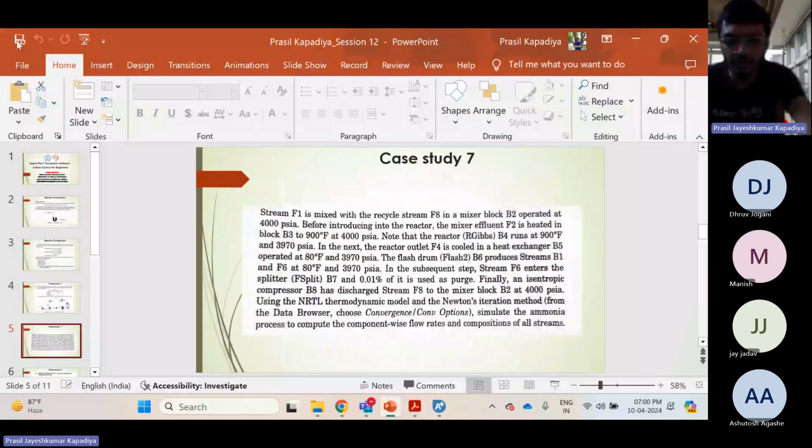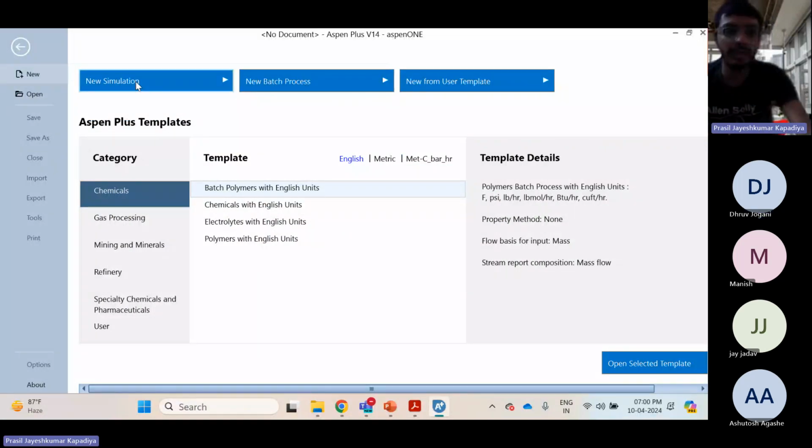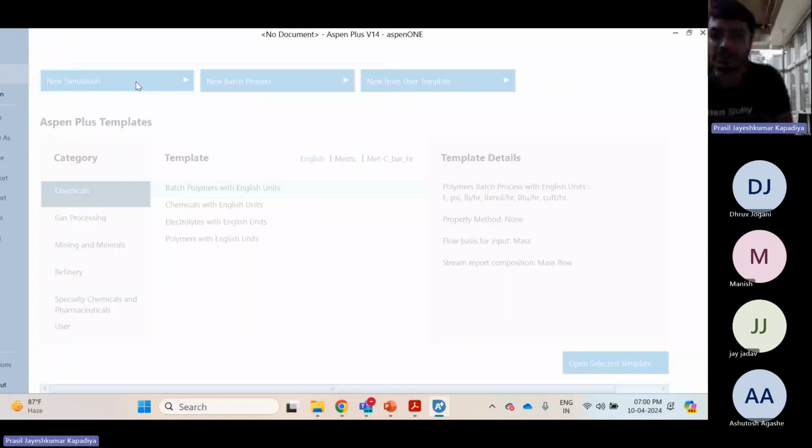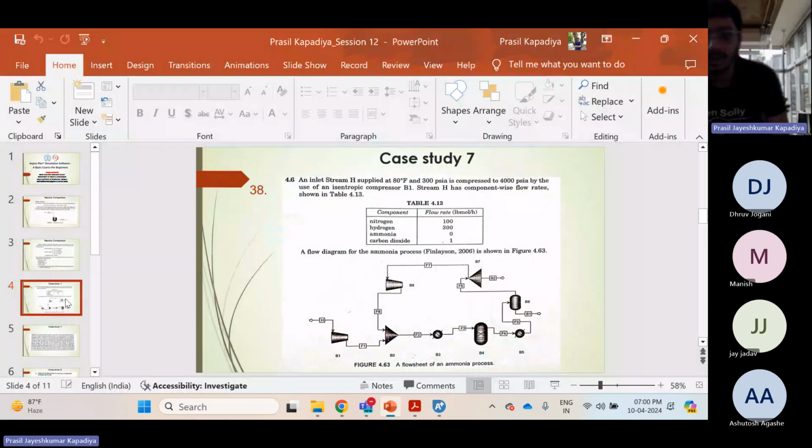Dhruv, are you going to solve it with me? Yes, sir. If you want, I will tell you to go for that design specification part. Okay. Okay, sir. Do it with me. We will be starting with.